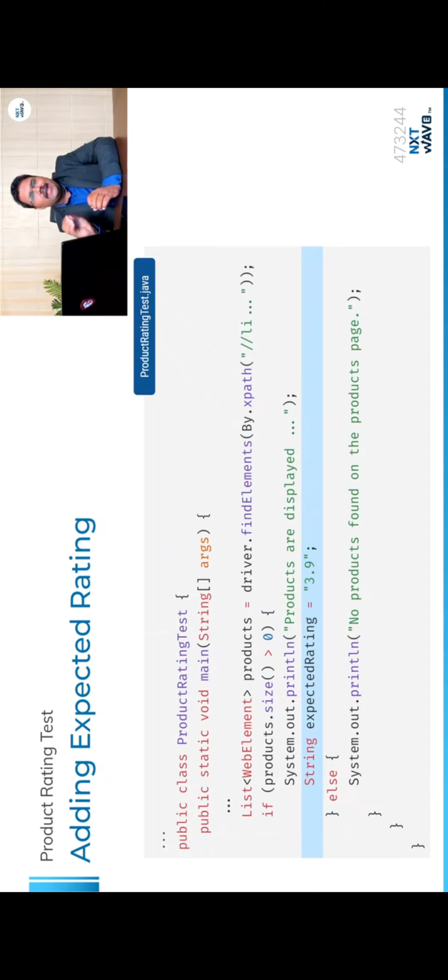We'll define a new string called expected rating and assign the value 3.9 to it. We need to write our code inside the products condition, because only if there are products displayed on the page will we be able to locate them. So we'll write the code as String expectedRating equal to 3.9. Let's try this out.